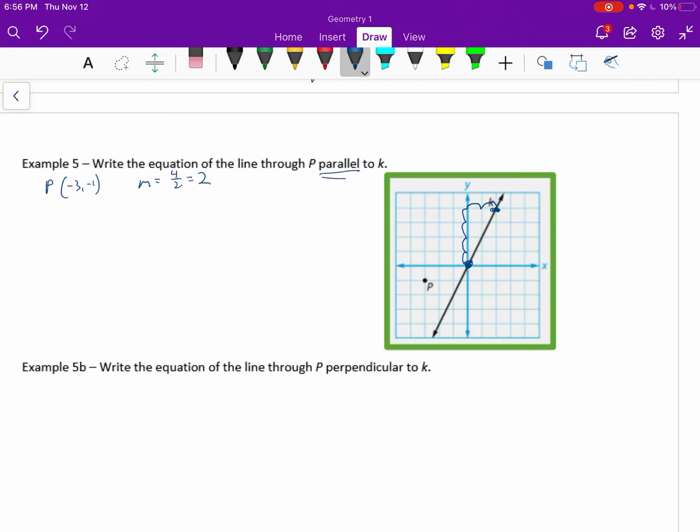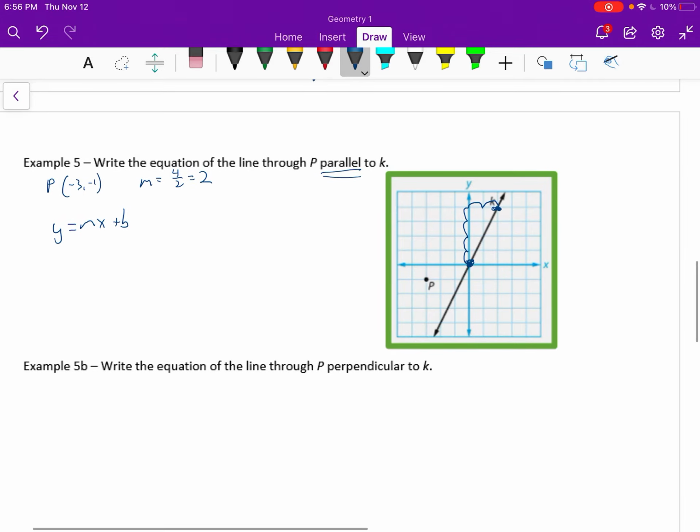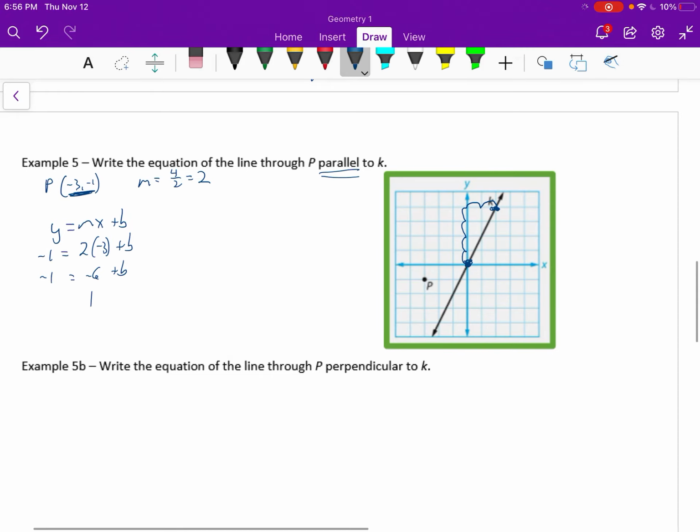If two lines are parallel, the slopes are equal, so we want the equation of a line y equals mx plus b. We can plug in the point for x and y, so -1 equals 2 for the slope, times -3 for x, plus b. Add 6 to both sides, and you get b is 5.